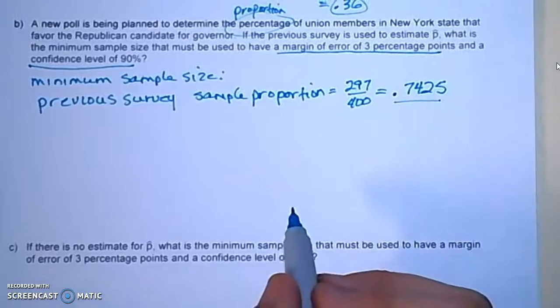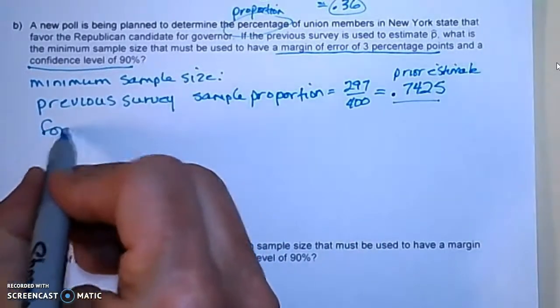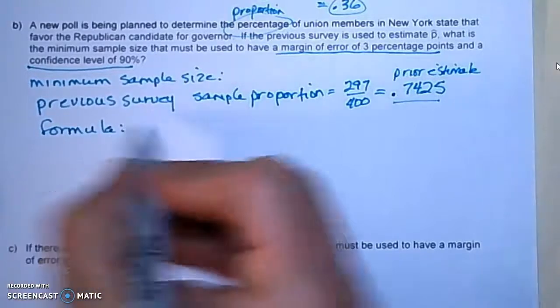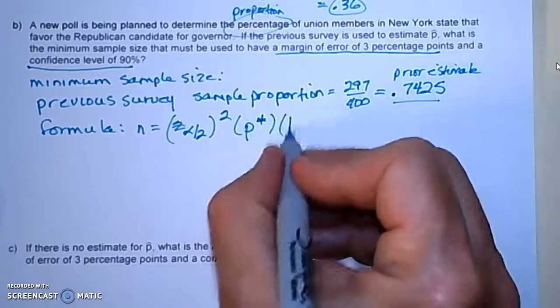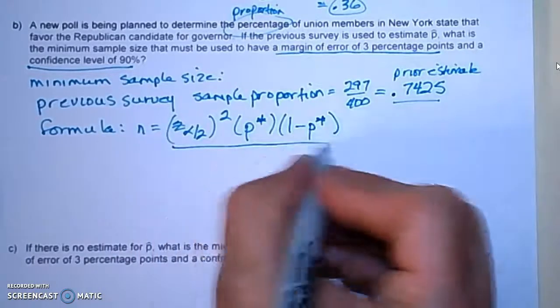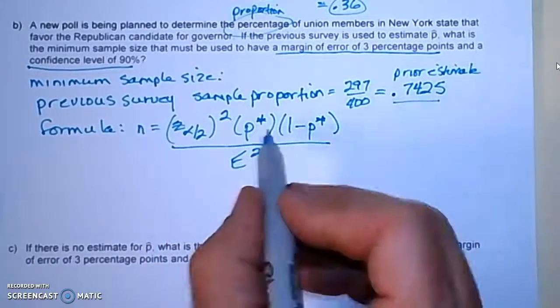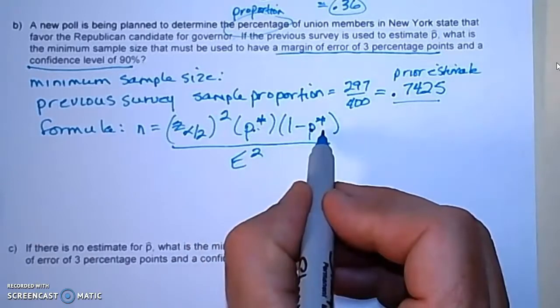We're going to use this as our prior estimate. Since we have that, the formula that we're going to use looks like this. Here, the P star is the prior estimate. We have our prior estimate already, so we're going to put that number into these two places.